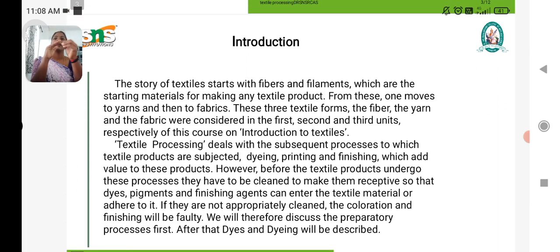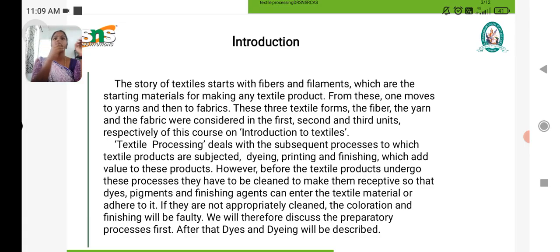The story of textiles starts with fibers and filaments, which are the starting materials for making any textile product. From these one moves to yarn and then to fabrics.